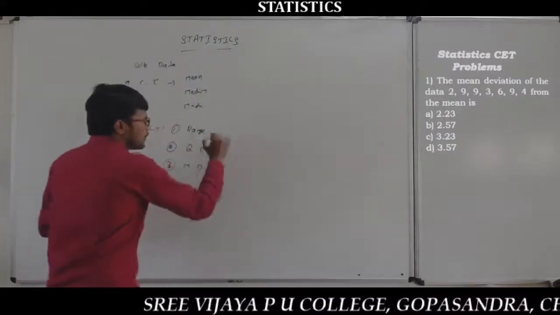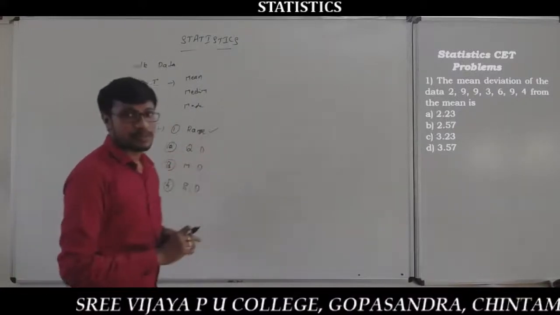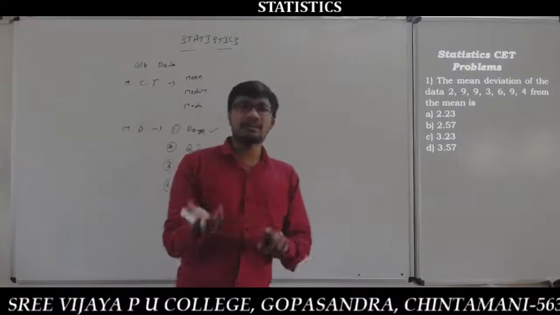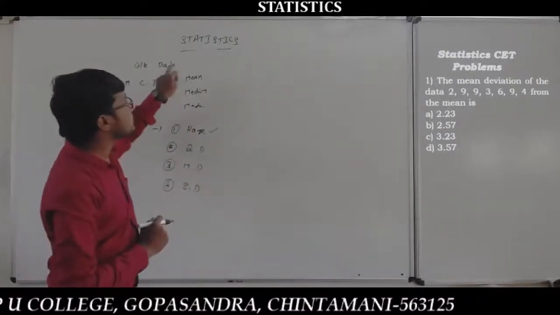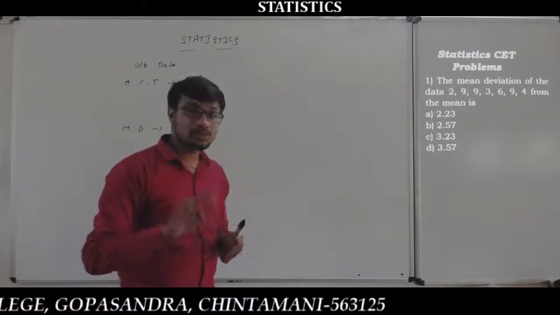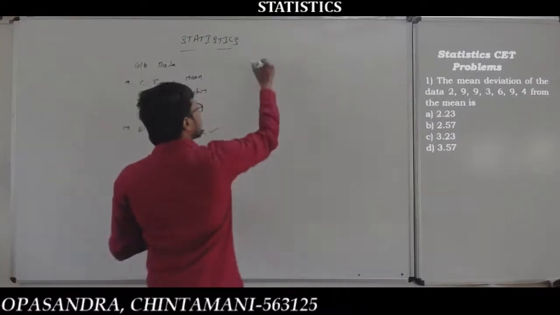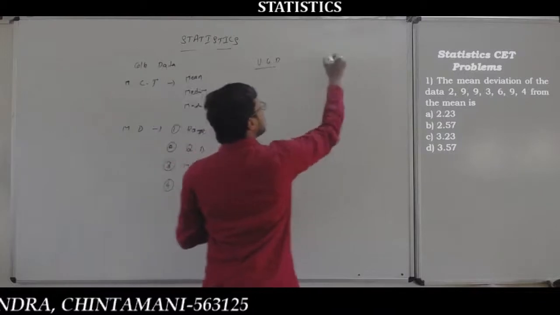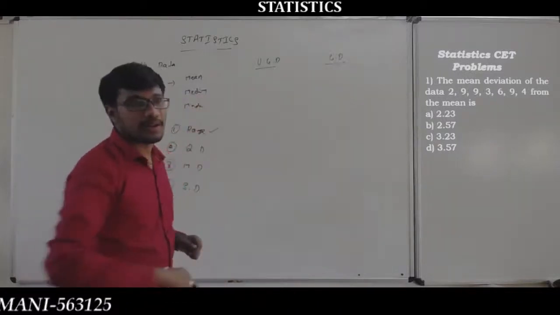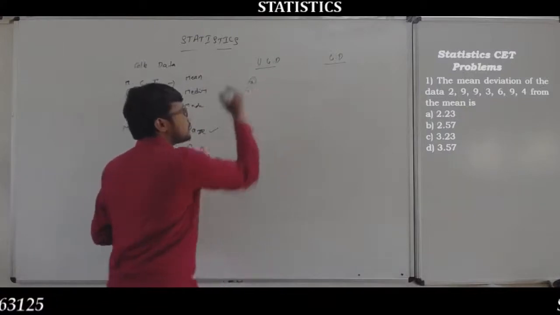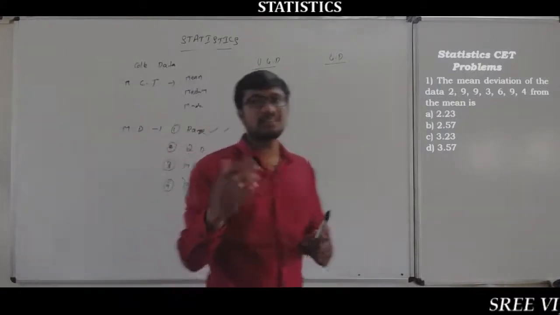In that, the first one is range. Before finding range, quartile deviation and standard deviation, first of all we can discuss the collection of data. There are two types of data: one is ungrouped data, another one is grouped data. In ungrouped data, we just take the values or the scores, that is 1, 3, 5 and so on.